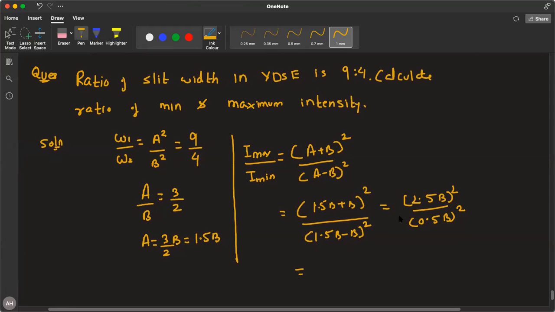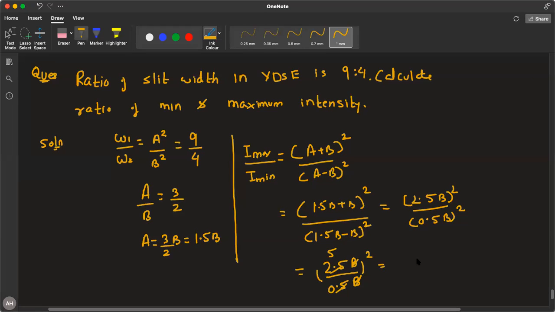So I have these terms: 2.5 B divided by 0.5 B, whole square. So this B will cancel this B, and 0.5 will cancel with 2.5.